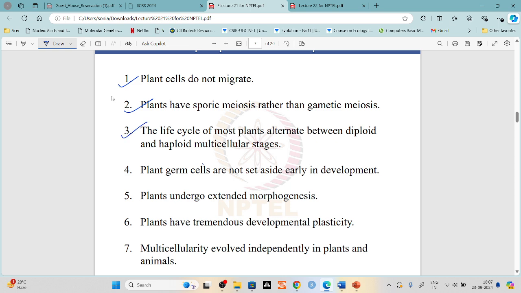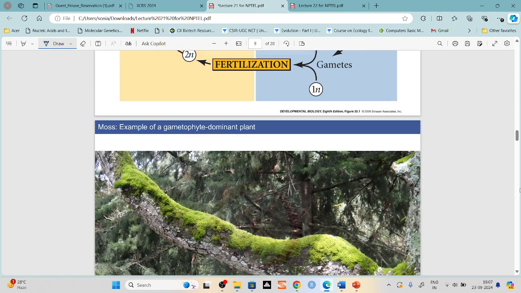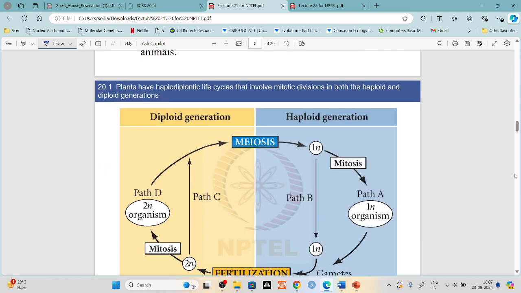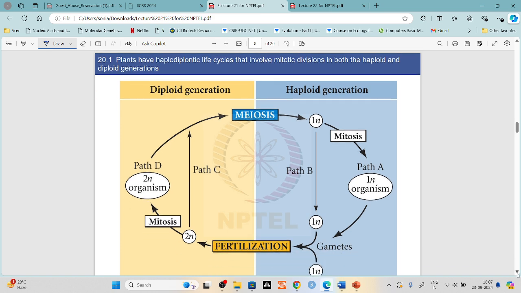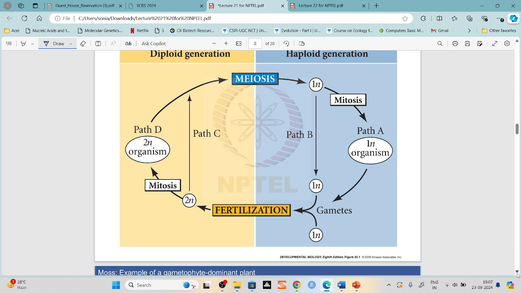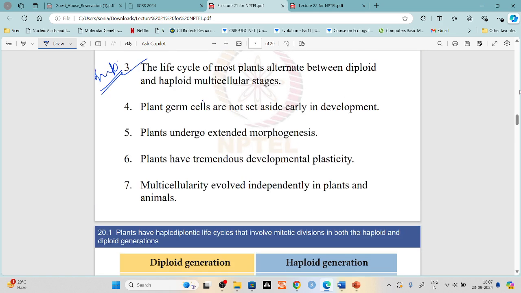This is an important point to remember, because unlike in animals, where fertilization leads to the formation of a diploid zygote, here, you see this picture, there can be a haploid generation and a diploid generation. Both are present in plants, unlike in animals.